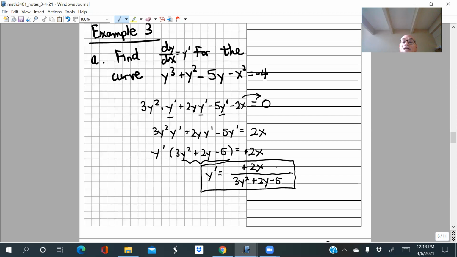And once we found this formula for y prime, we can use that to find the slopes of that curve at various places. Let's recall really quickly that implicit differentiation process as we applied it to this equation.